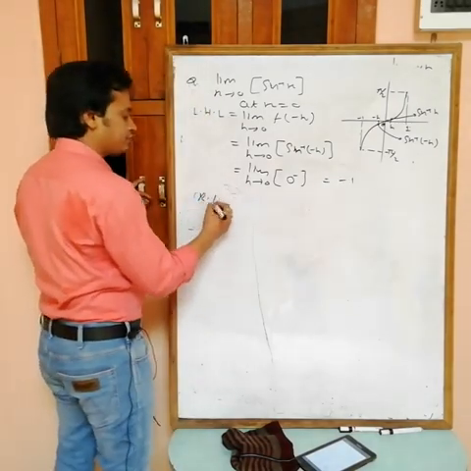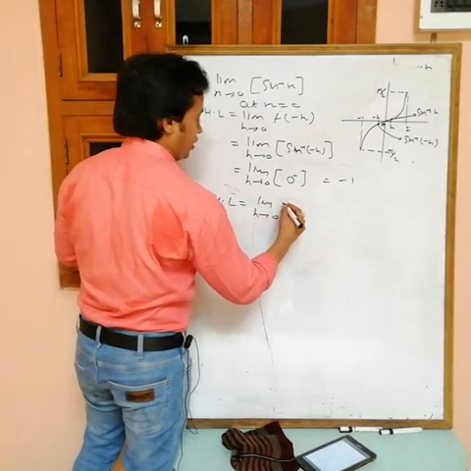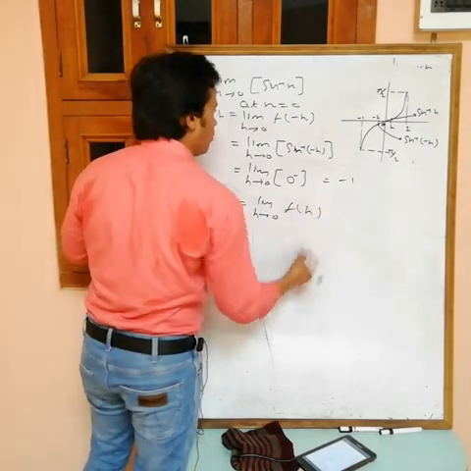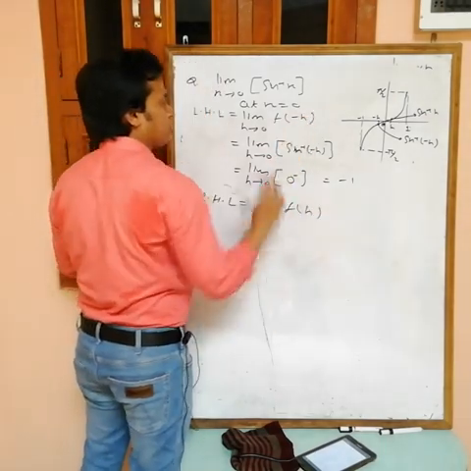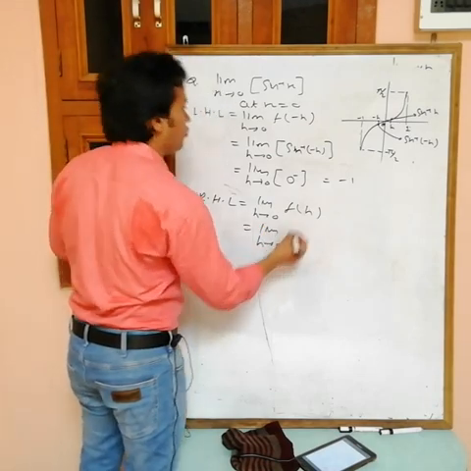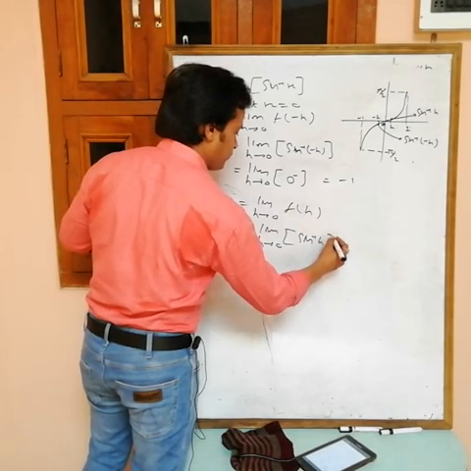Now find RHL. Limit h tending to 0, f of a plus h, 0 plus h is f of h. Okay, this is h, not x. Now limit h tending to 0, f of h is the greatest integer of sine inverse h.